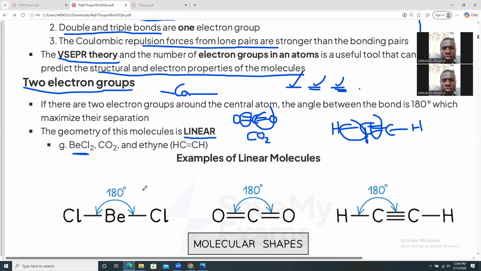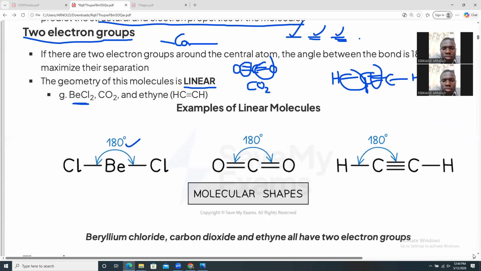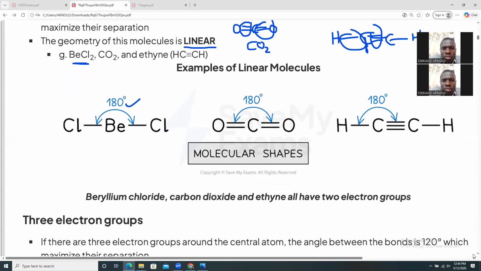It has a linear shape, and the bond angle, the angle between the bonds, is 180 degrees as illustrated there. Colleagues, kindly take note of that. That is for two electronic groups.